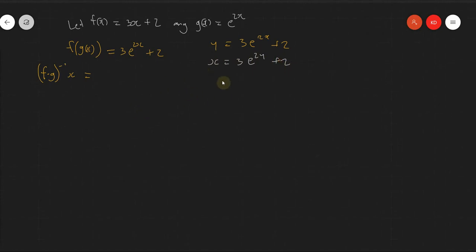Now you solve for y, so x minus 2 over 3 would be equal to e to the 2y.